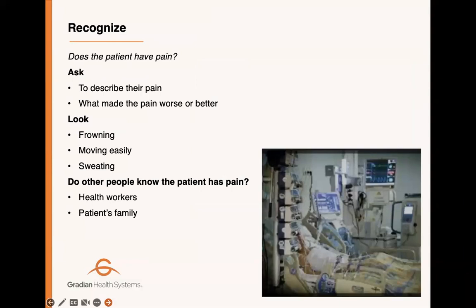So how do we recognize pain? If you look at the picture shown in this slide, this is typically an ICU setting where we have a variety of things. There are monitors, the cardiac monitor, the ventilators, the endotracheal tube, as the patient is intubated.